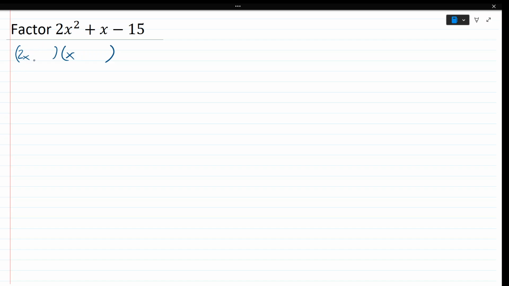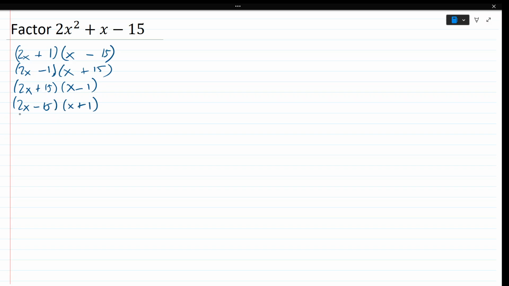So one way it could factor is if we had the 1 and the 15, and let's say we had the negative for the second one. Or it could be 2x and negative 1, and x plus 15. Or it could be 2x plus 15, x minus 1. Or it could be 2x minus 15 and x plus 1.